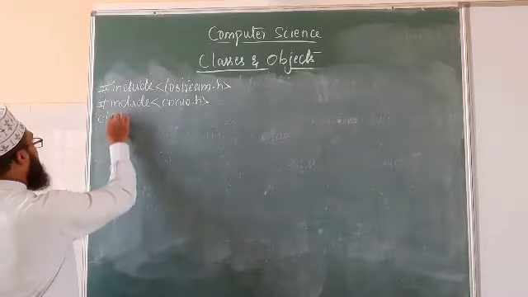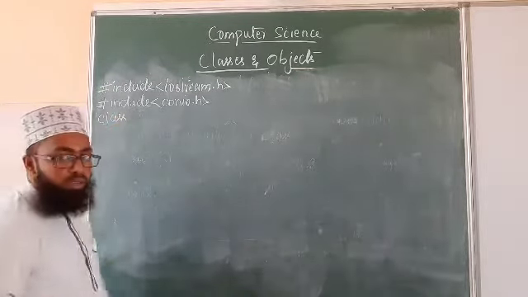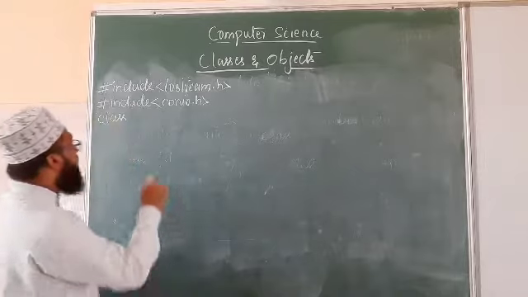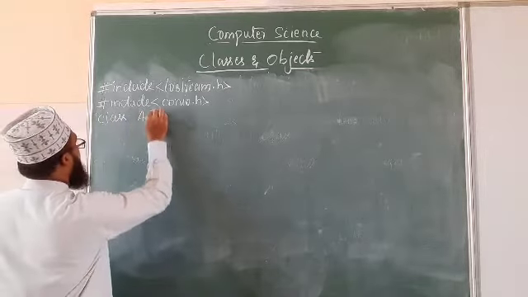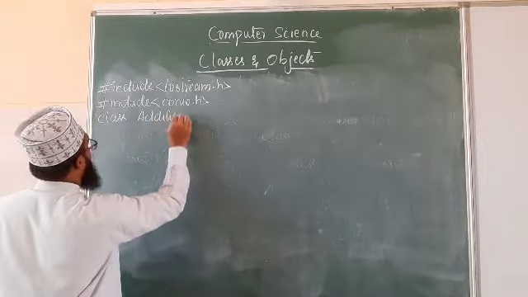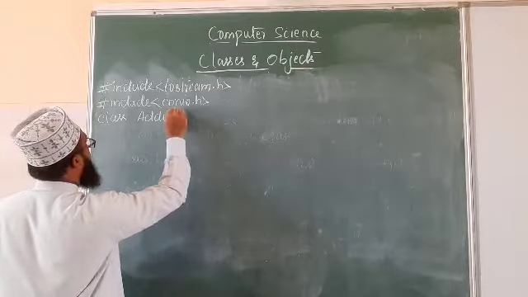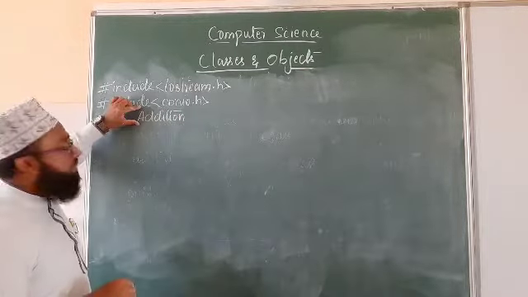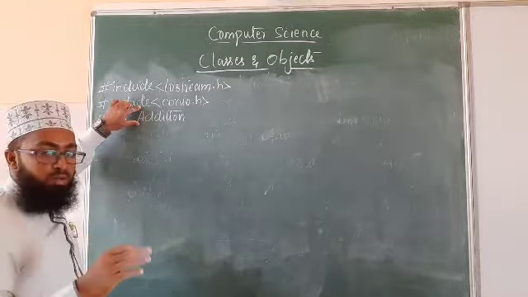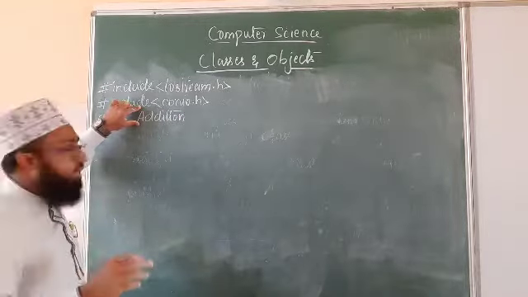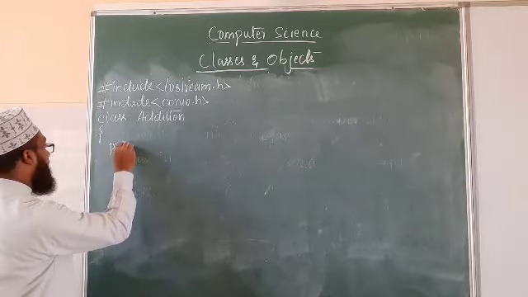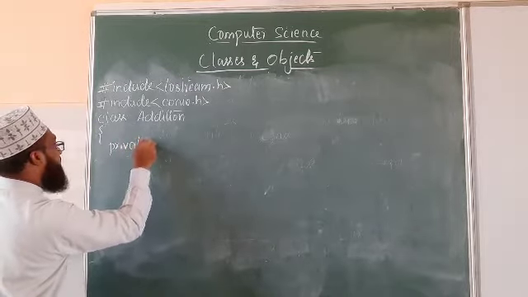Then start with class, and we will give one name for this class, that is Addition. See, I am using a capital letter. Remember this thing: wherever this word Addition comes outside the class, you need to use capital only. Then open brace, then take the private access specifier.